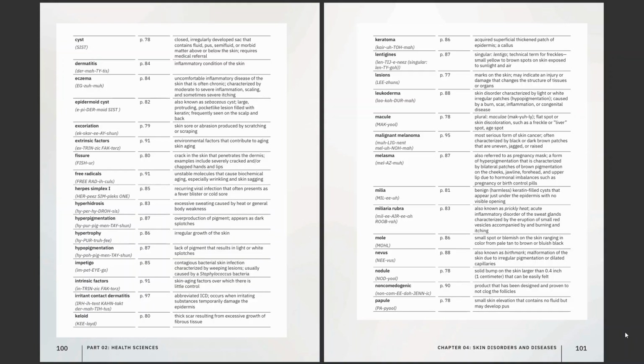of brown pigmentation on the cheeks, jawline, forehead, and upper lip due to hormonal imbalances such as pregnancy or birth control pills. Milia, benign, which is harmless, keratin-filled cysts that appear just under the epidermis with no visible opening.